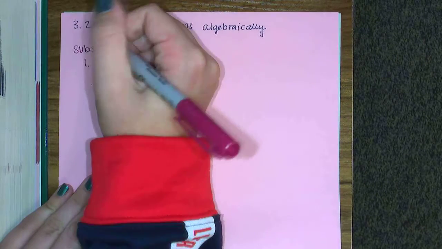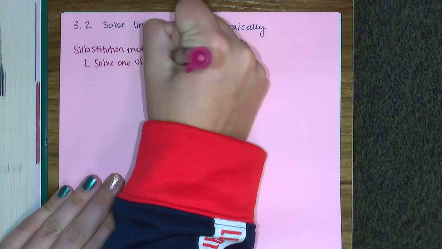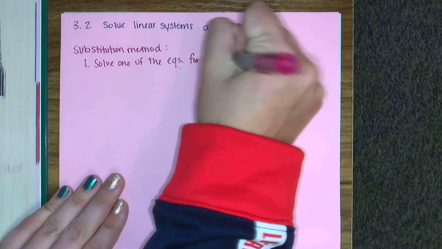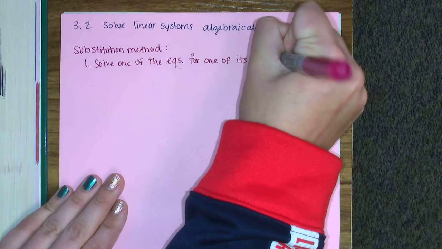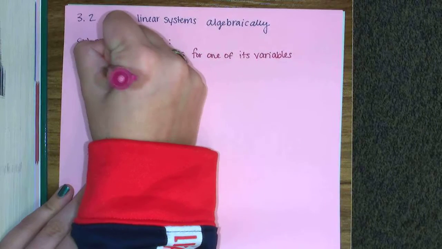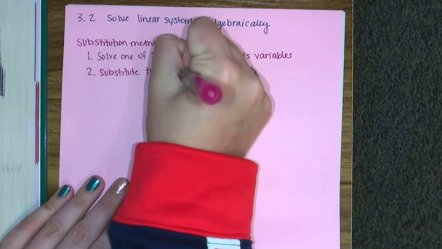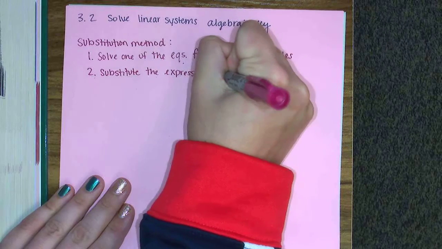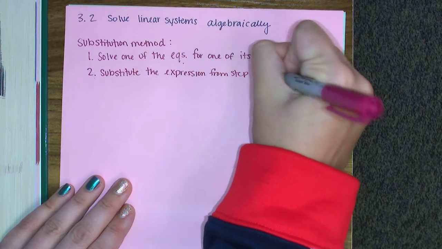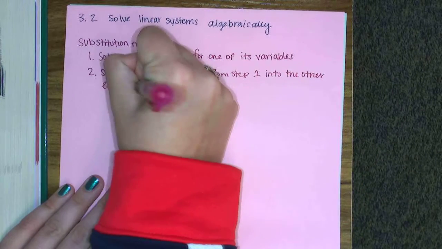Okay, so step 1, solve one of the equations for one of its variables. Step 2, substitute the expression from step 1 into the other equation and solve for the variable.